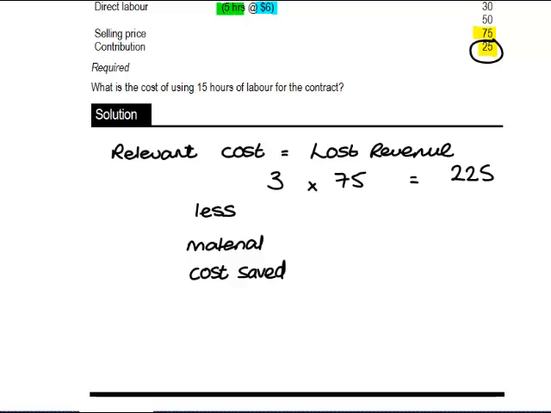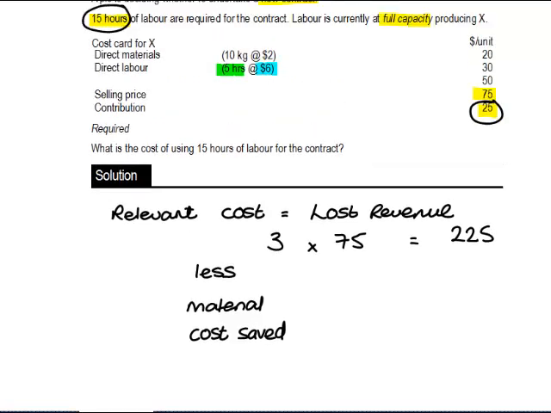However, because we're not producing and selling those units, we are going to save the materials costs. And the materials costs here are $20 a unit. So 3 units at 20 means that we're going to save a total of $60. That comes back to $165, which is the same total as we had using the other method.